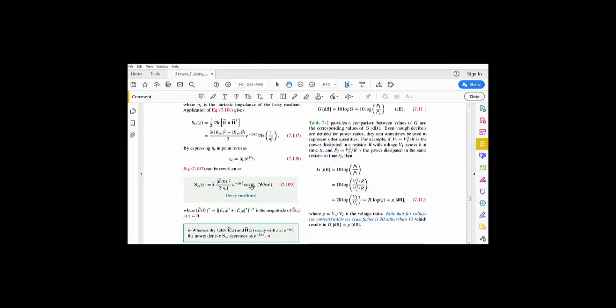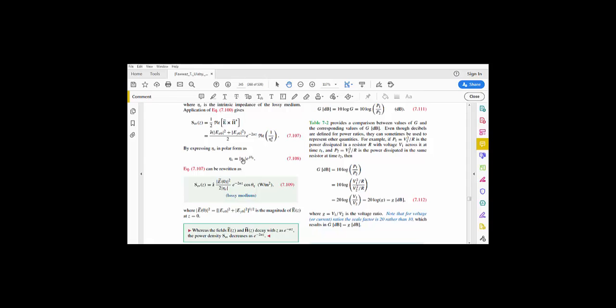And the cosine of theta of the intrinsic impedance, that's because, as we said, we have a complex intrinsic impedance, and because we have lossy media, it has magnitude and phase.